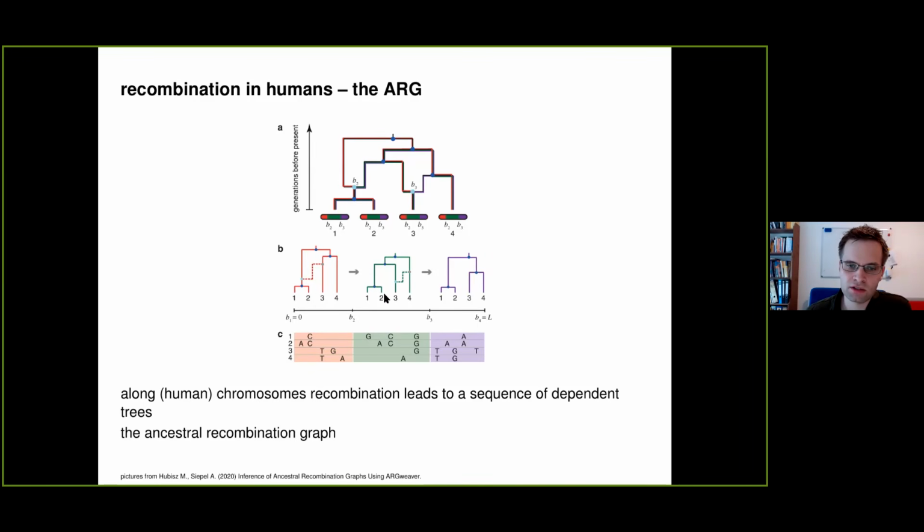So now 1 and 2 are closer related to 3, and before 3 and 4 have been closer related to each other. And this leads to a sequence along the chromosome, which we call the ancestral recombination graph, where it's a sequence of dependent trees.